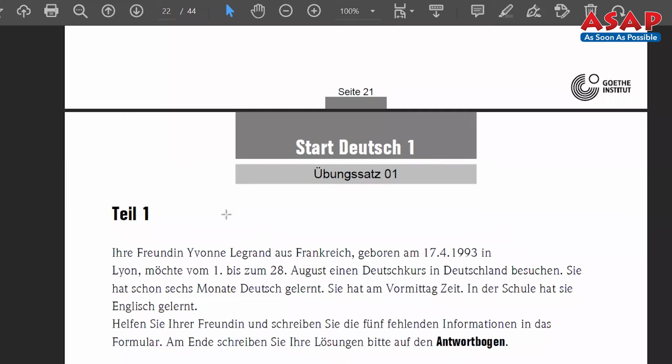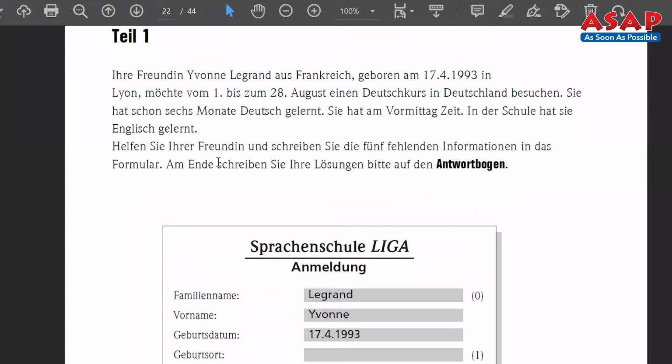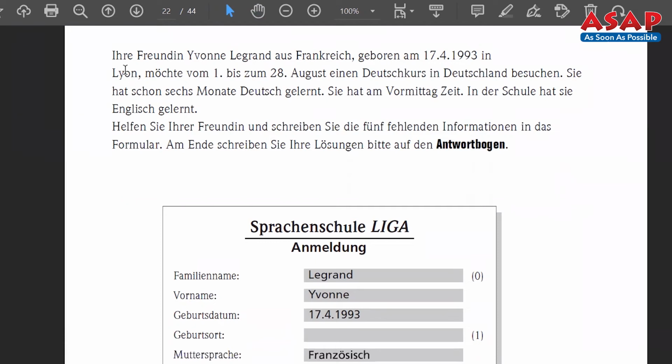Now here the first, Teil 1, is to read some given information and fill that information in the form given below. Mostly the situation will be like this, that the information given belongs to your friend, neighbor or someone, some name will be given. For example here in this case, Ihre Freundin means your friend, her information is given there.